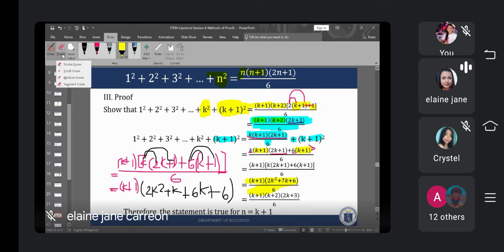So, factoring 2k square plus 7k plus 6, we will write k plus 1, the factors of 2k square plus 7k plus 6 is k plus 2 times the quantity 2k plus 3 over 6. Hindi ba ito yon? Diba? Therefore, the statement is true for n is equal to k plus 1.